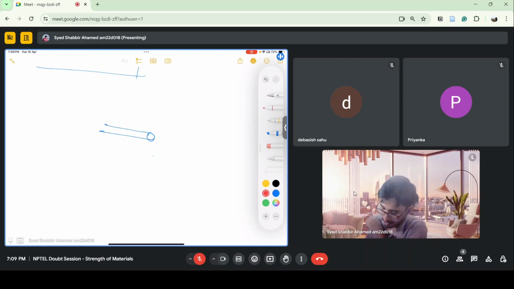Let's say this is something, and there is some lever kind of thing, and you apply the force here to rotate the shaft, and this is the distance d.